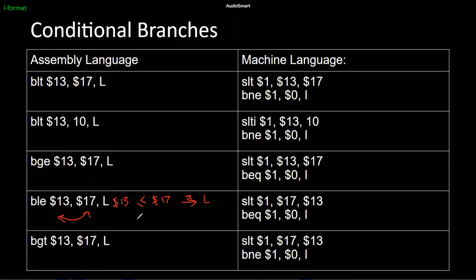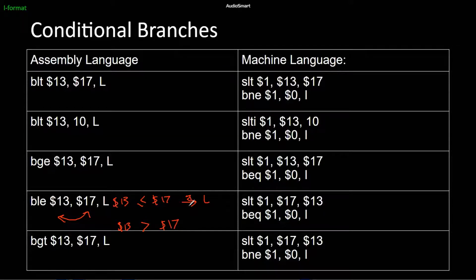it's going to be 13 is greater than 17. As you see here, if we negate this, it's going to be 13 is greater than 17, because this is going to change.